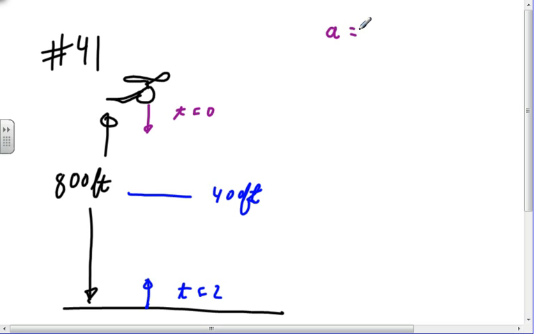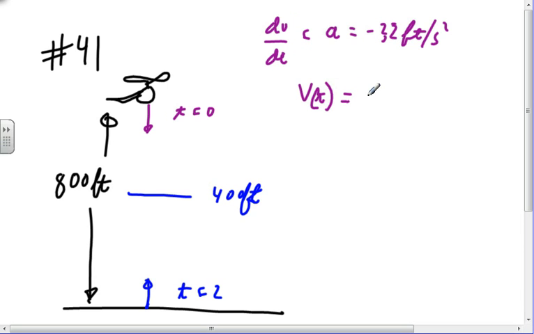The acceleration of the bomb is minus 32 feet per second squared, which is dv/dt. So velocity at time t, after I separate variables, is minus 32t plus the initial velocity of the bomb, which is 0.